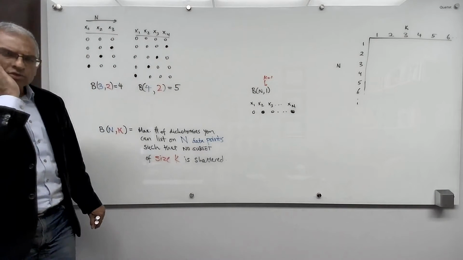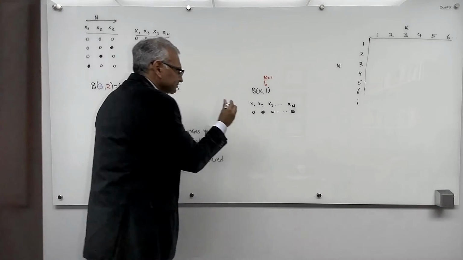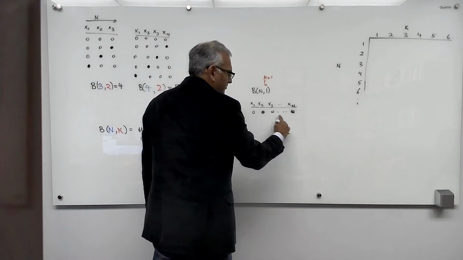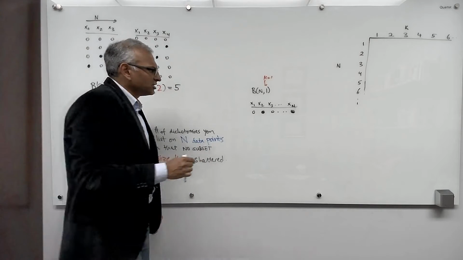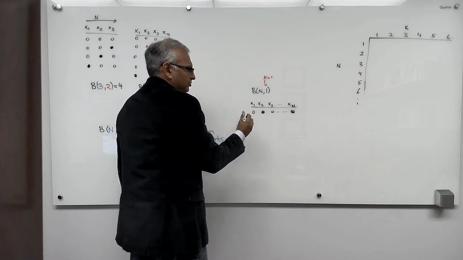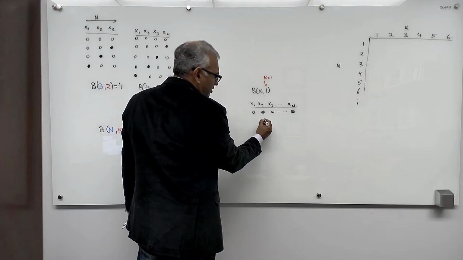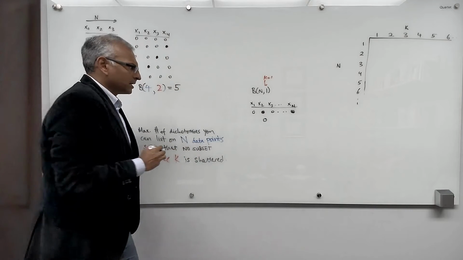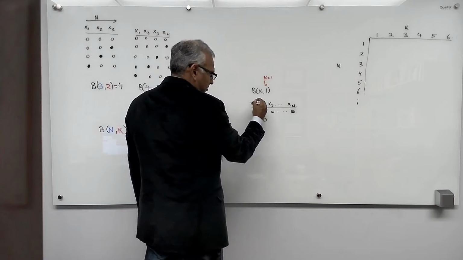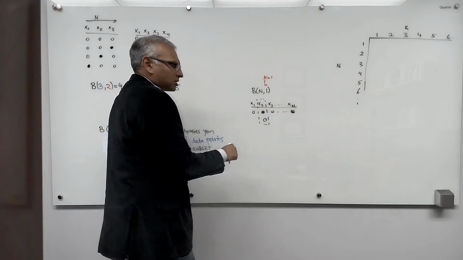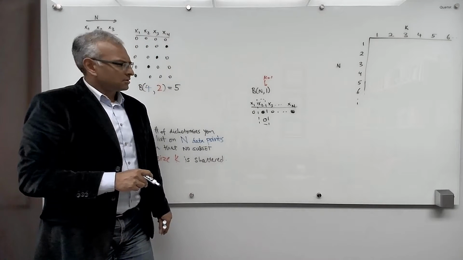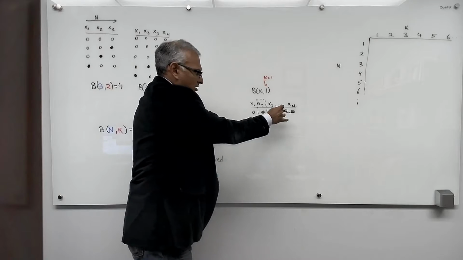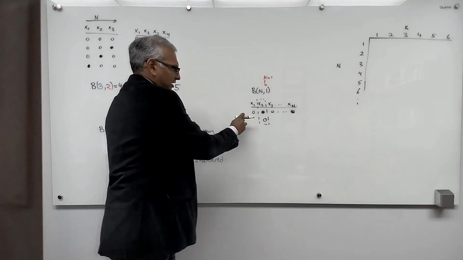Now, if we're going to list another dichotomy here, well, it must be different from the dichotomy that we already listed on at least one point. So let us suppose it's different on the data point x2. So on the data point x2, it's going to be minus. But look, on this data point, both dichotomies are listed, so that data point is shattered. This argument holds no matter which data point is classified differently in this new dichotomy.